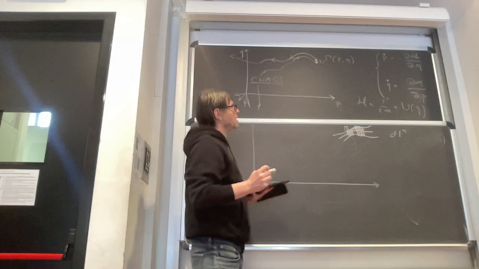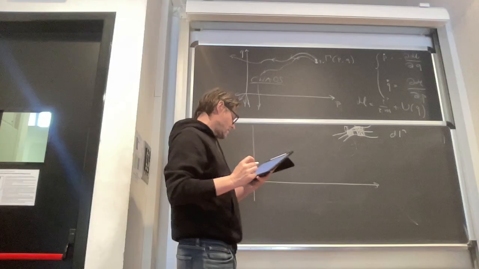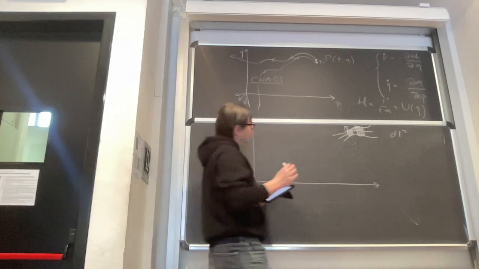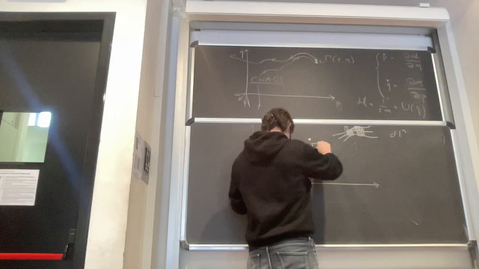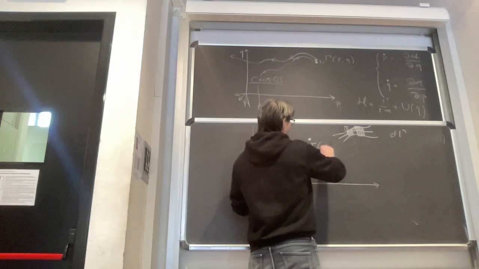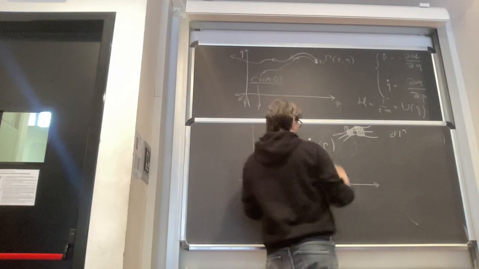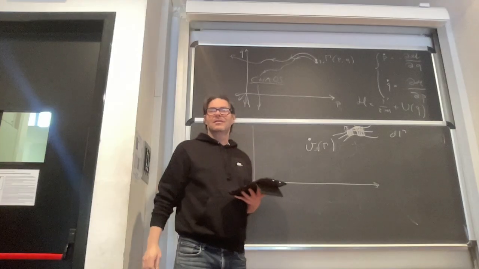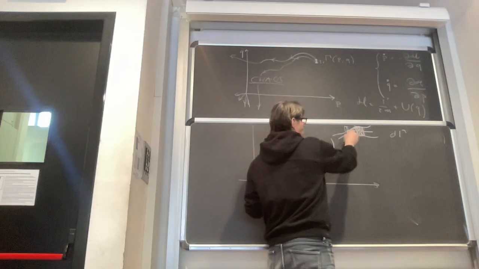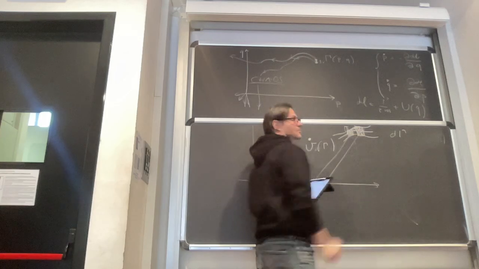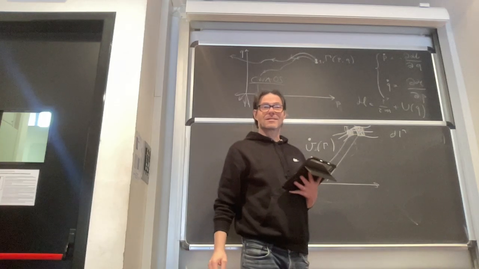So how do we show this? Well, we compute the velocity of a phase space vector. So we look at how a phase space vector changes, right?